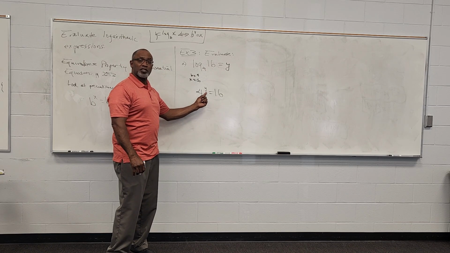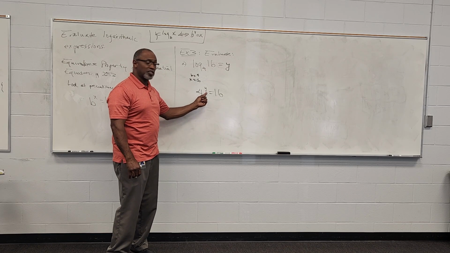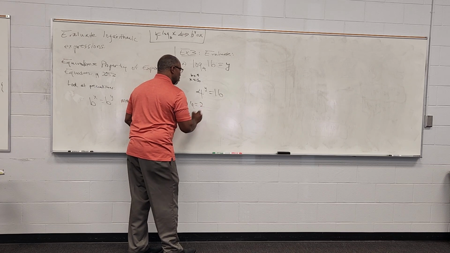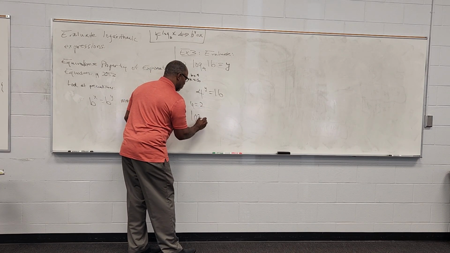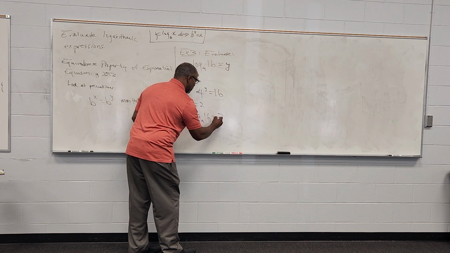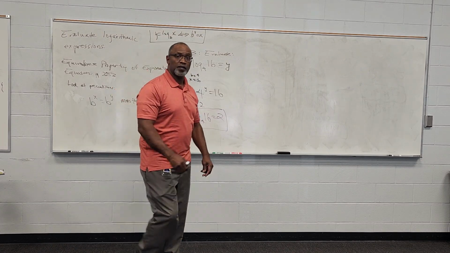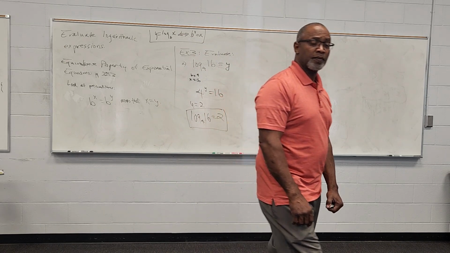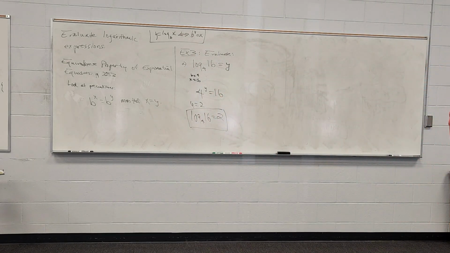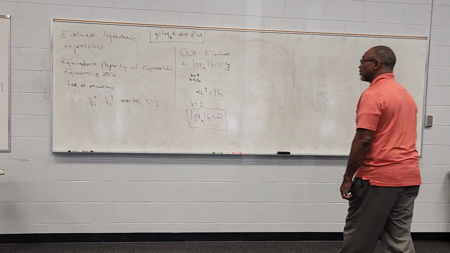Well, all you got to do is ask yourself, 4 raised to what power is 16? Well, y must be 2. So hence, log to the base 4 of 16 is 2. So I can evaluate that log expression. Log to the base 4 of 16 equals 2.